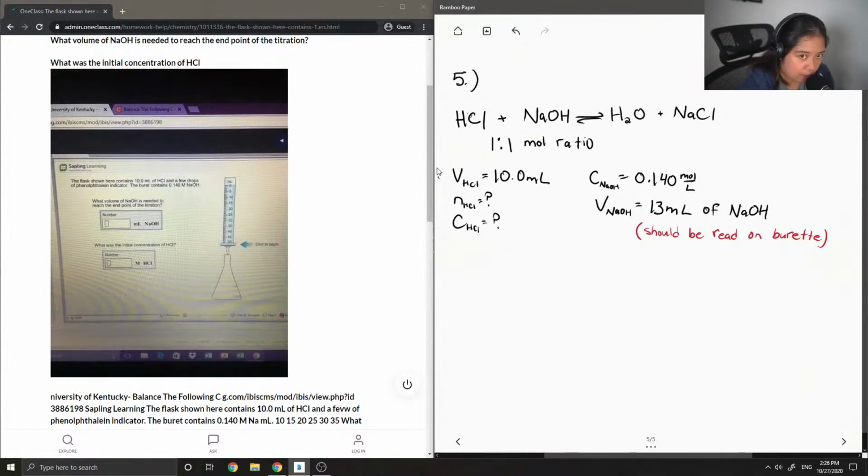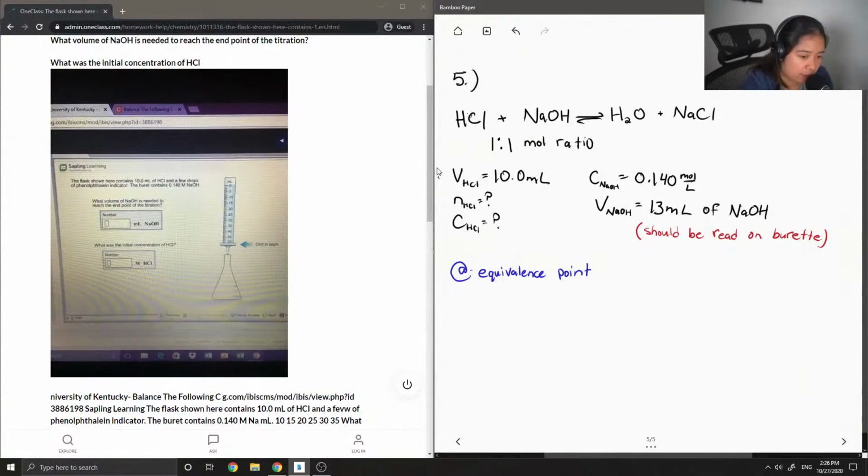So to answer this question, we're going to look at what happens at the equivalence point. That's why we need the volume of NaOH to answer this question.